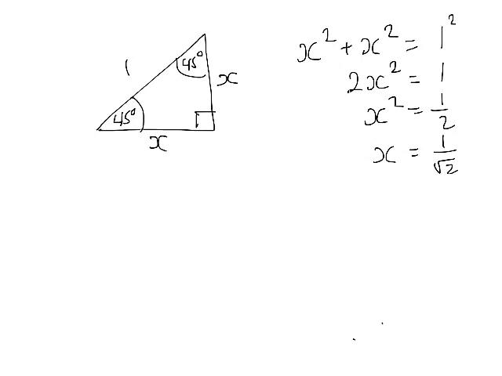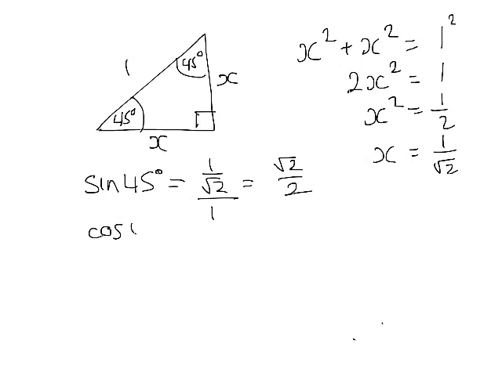So now we can say that sine 45 degrees is our opposite side, 1 over root 2, divided by our hypotenuse, which is 1. And if we rationalise the denominator of this, that is root 2 over 2.